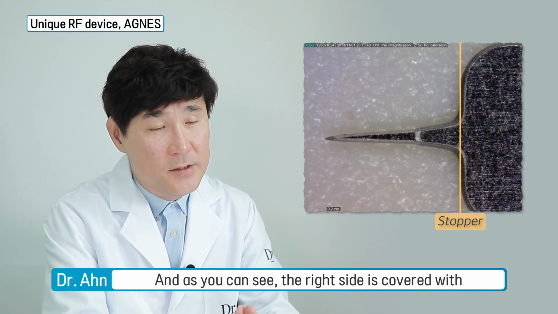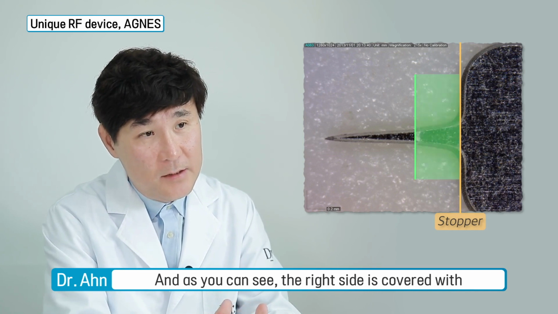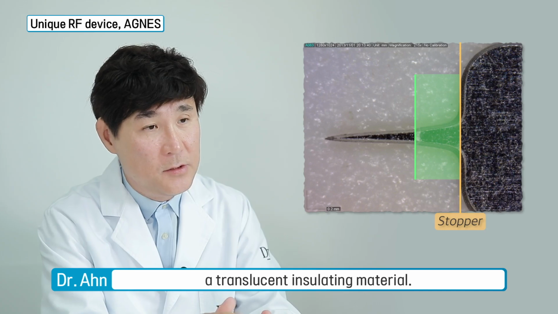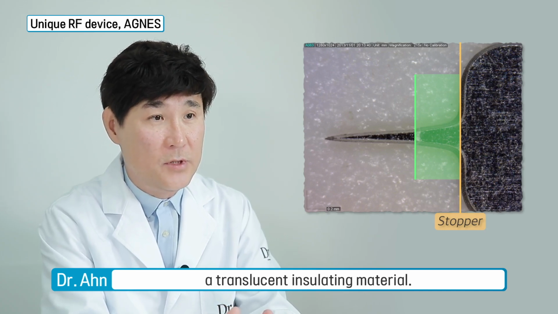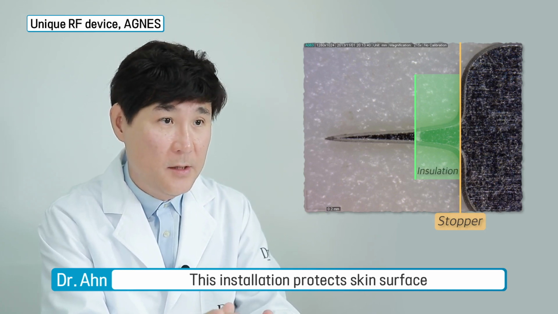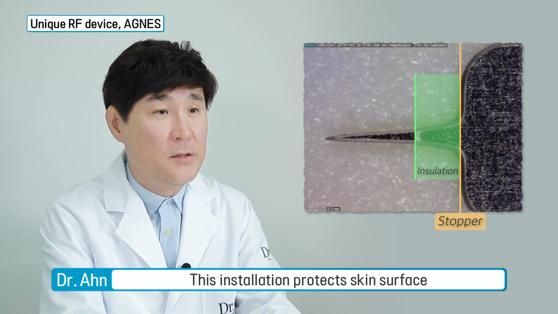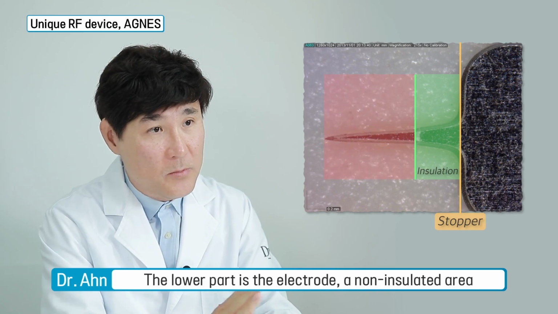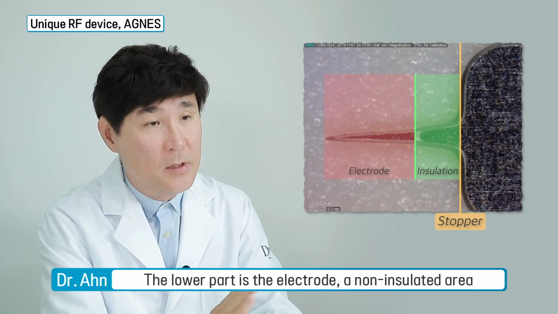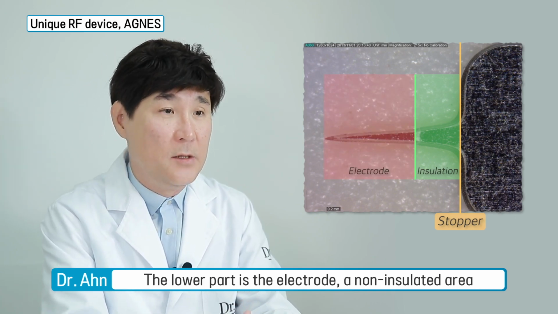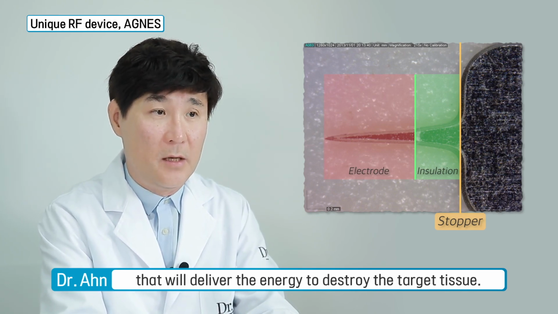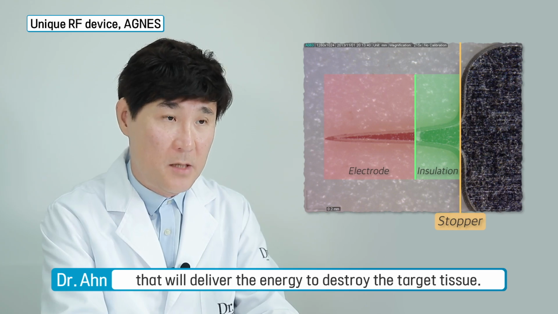And as you can see, the right side is covered by a slightly translucent material, which is insulation. This insulation protects the skin surface from burns during the treatment. The lower part is the electrode, the non-insulated area, which is the destroying part, or the energy-delivering part.